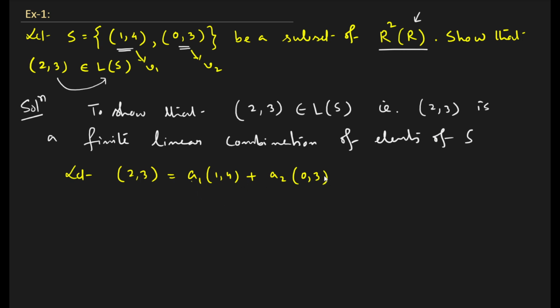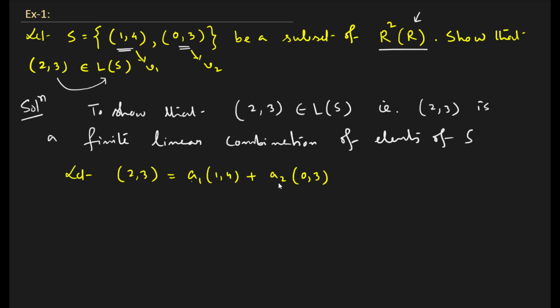Now most of you may think that we have to show that this is a linear combination, but यहाँ पे suppose ये linear combination है, we have expressed it, but we don't know the value of a1 and a2. Now our aim is to find the value of a1 and a2.